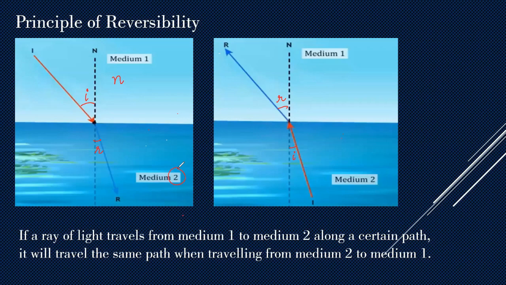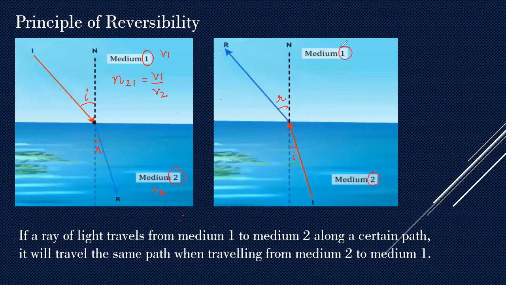From where is the ray coming? The ray is coming from 1. So I will write the refractive index of 2 with respect to 1 equal to, let the velocity of light in medium 1 be v1 and the velocity of light in medium 2 be v2, so 2 with respect to 1 is going to be v1 upon v2. And now this is my medium 2 and this is my medium 1. Where is the bending happening?